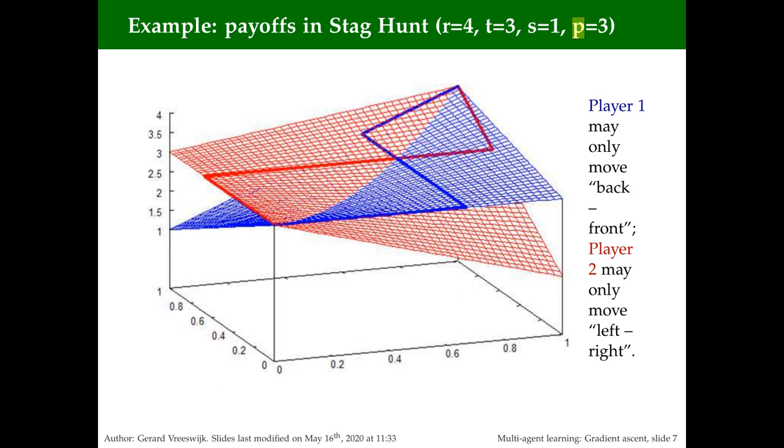So the first player has only the possibility to move from left to right, and the second player, who has the blue payoff surface, has only the possibility to move from back to front. So you see, if both players want to move here, well, the row player wants to move to the right and the column player wants to move to the back.